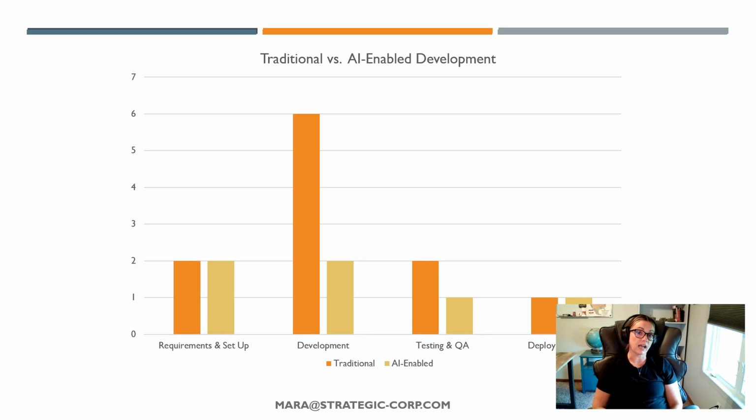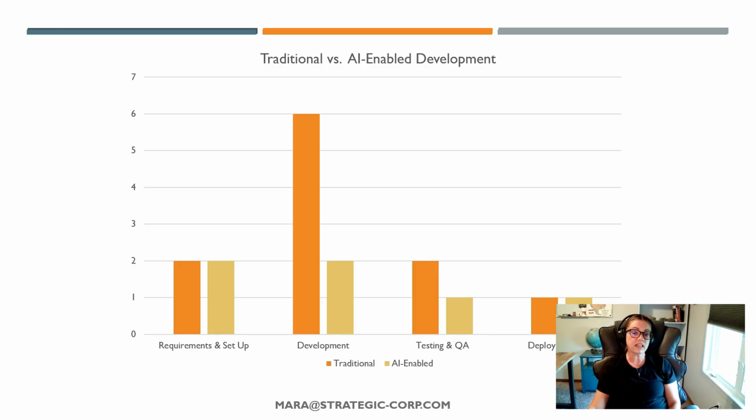Then with AI-enabled development, we are saving almost 50% of our time. These are the yellow bars in the chart. And the majority of our time upfront is saved on the development and the testing and QA because, as you saw, we have code generators that can actually do that for us.